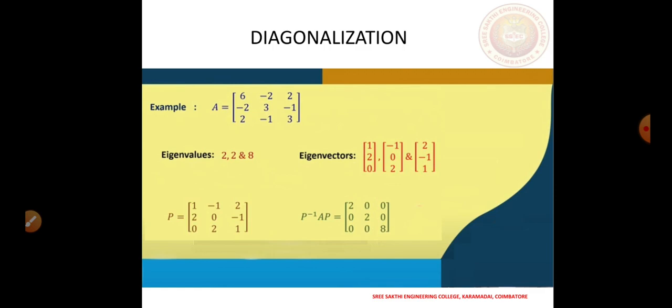If you compute P inverse AP, we need to get P inverse and then make the product, and we get the diagonal entries 2, 2, 8, absolutely the same order we placed the eigenvectors.